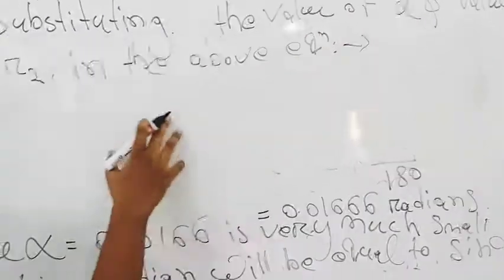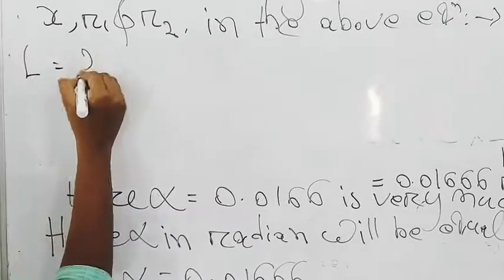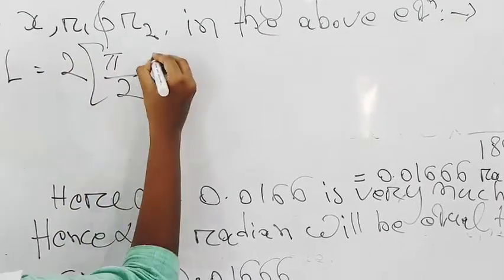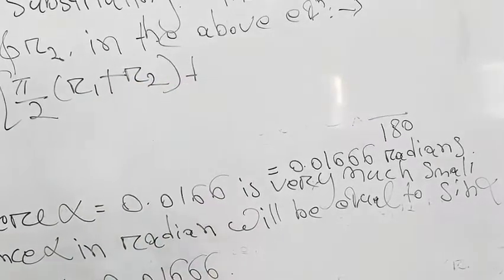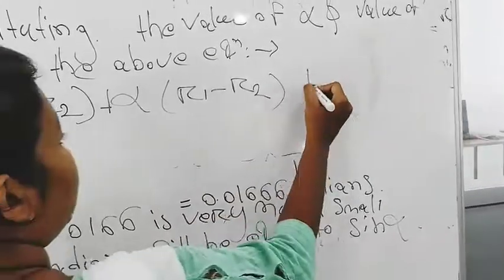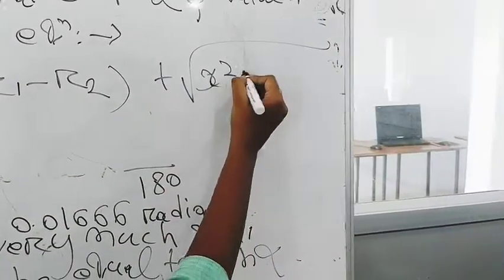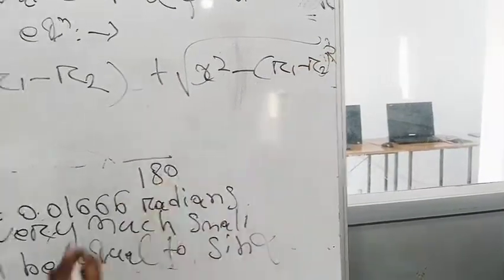that is, for the exact length of the open belt: L is equal to 2 into [pi by 2 (r1 plus r2) plus alpha (r1 minus r2) plus root of x square minus (r1 minus r2) the whole square].